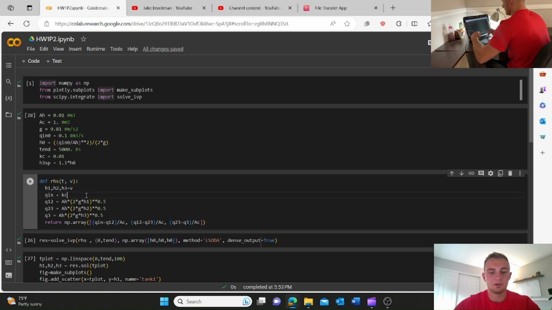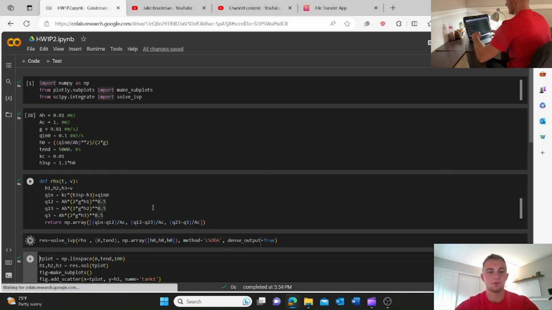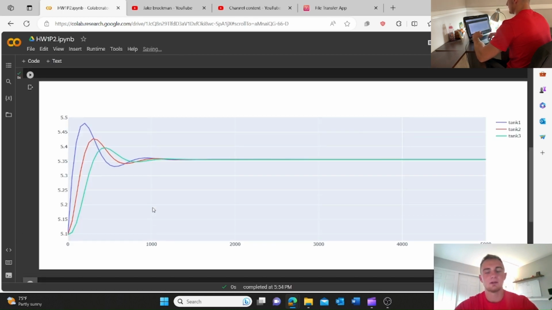We multiply by that proportionality constant, the controller gain Kc, anytime our set point is above our actual height in the fluid tank. So H3 set point minus the actual height in the tank, and our starting basis is our initial flow rate in. Let's run this and see what we get for our plot.